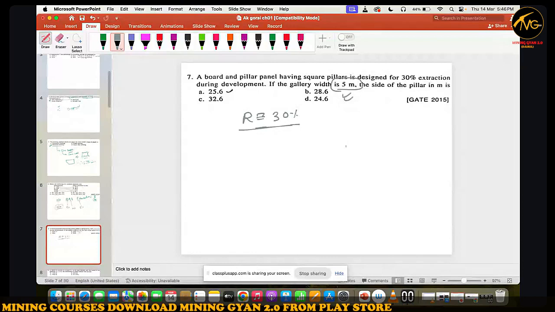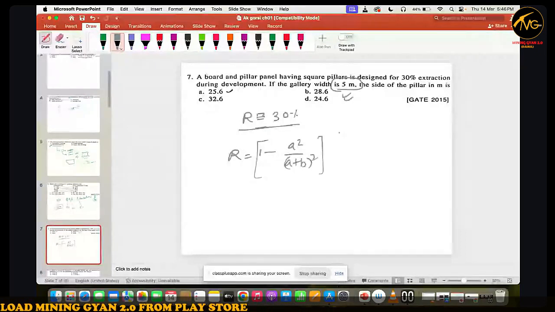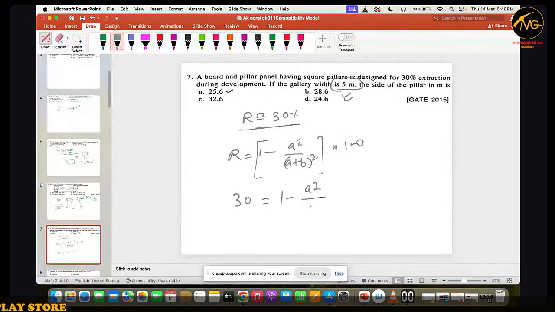We know the formula R = 1 minus A squared by (A plus B) squared. We are considering the square. So 30 = (1 minus A squared by (A plus 5) squared) into 100.